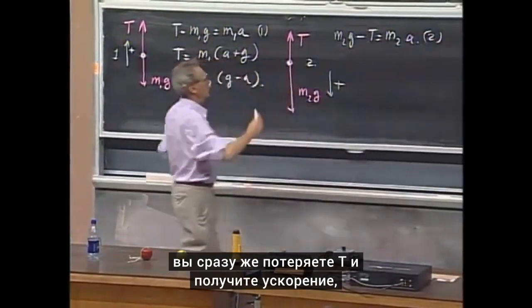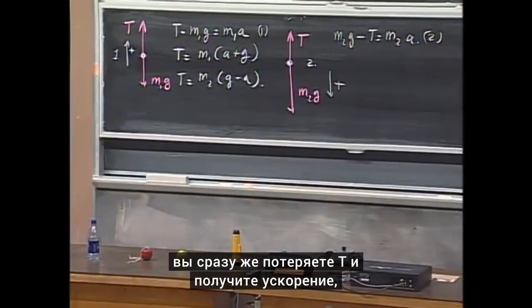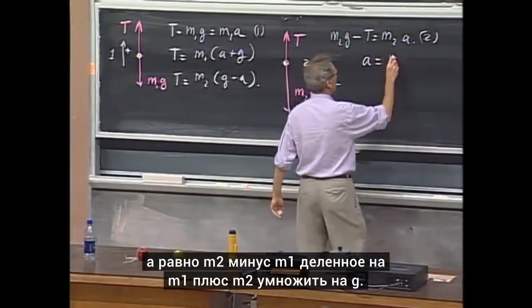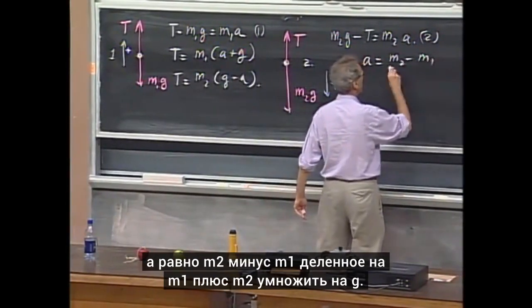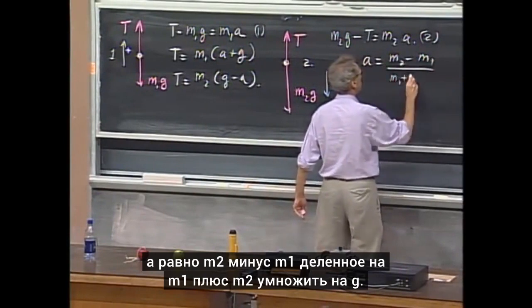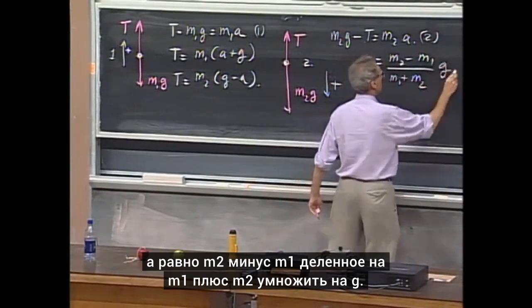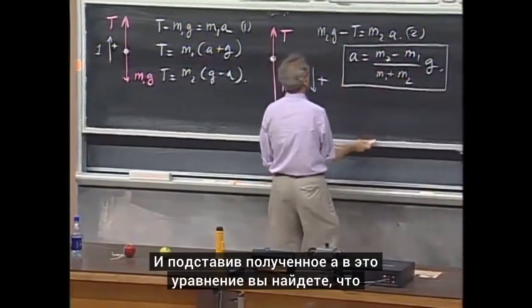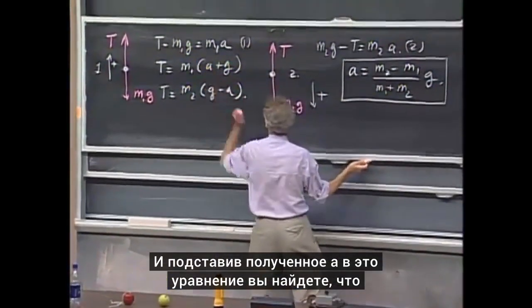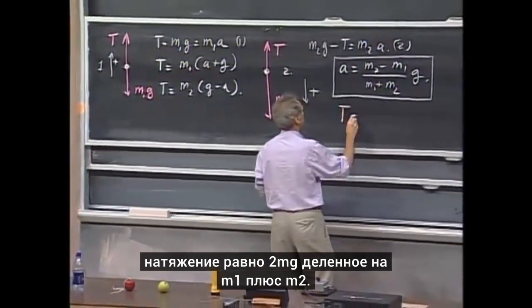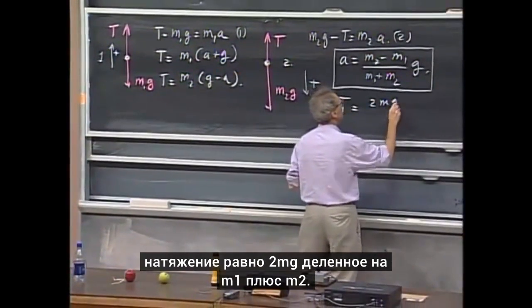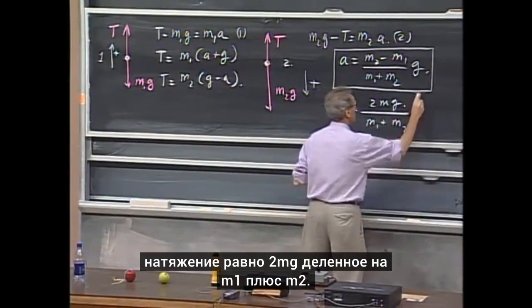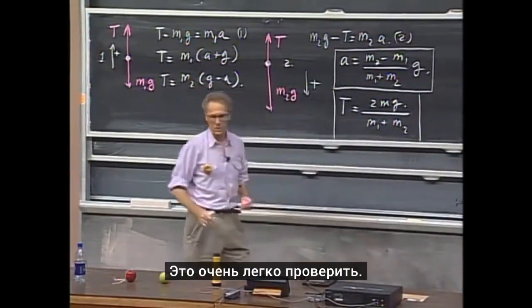You immediately lose your T, and you get that the acceleration a equals m2 minus m1 divided by m1 plus m2 times g. And you substitute that a in that equation, and you'll find that the tension equals 2m1m2g divided by m1 plus m2. This is very easy for you to verify.